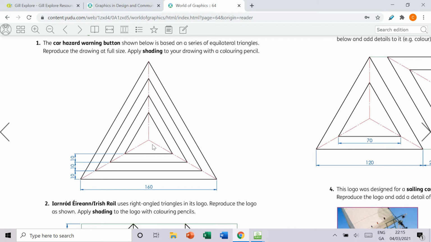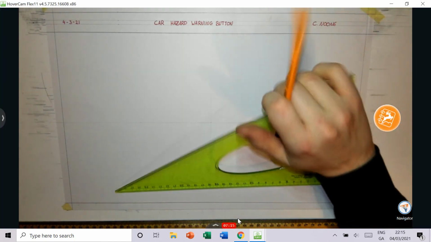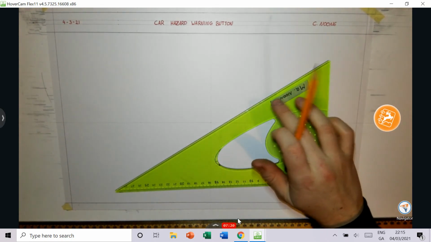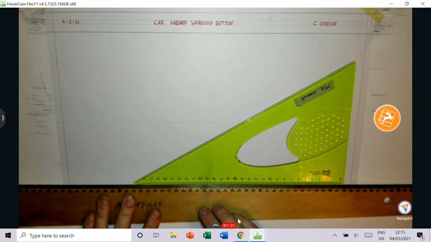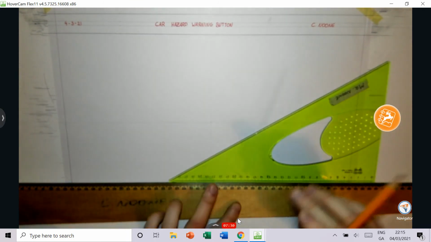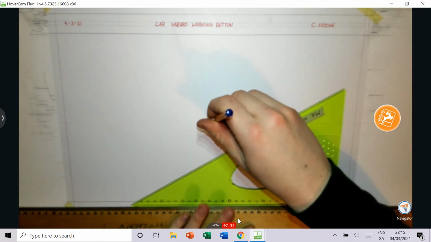Okay, so I want to draw that line now that's going up here at 30 degrees, up here at 30 degrees, and vertically up as well. To do that, I'm going to use my 30 degree set square. So remember this that we've used before, this is our 30 degree set square. We could have this written on it if we can't remember, but this is our 30 degrees. So what I'm going to do is put my t-square down, get my set square so that it's just moving along it like this, and I'm going to move my set square until it's in line with that center point.